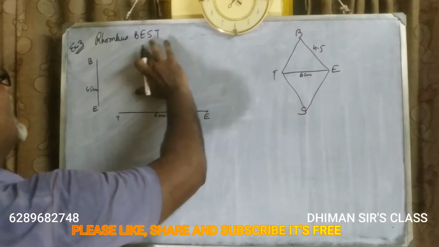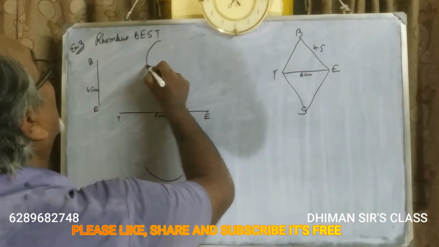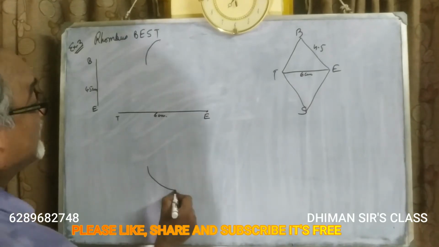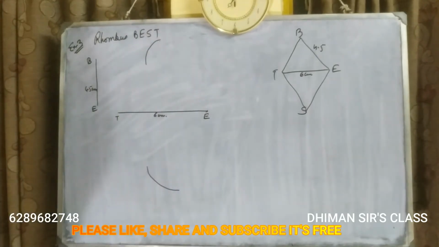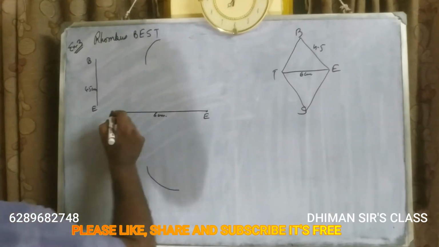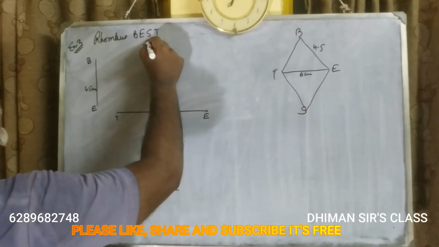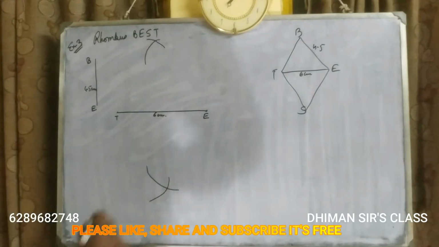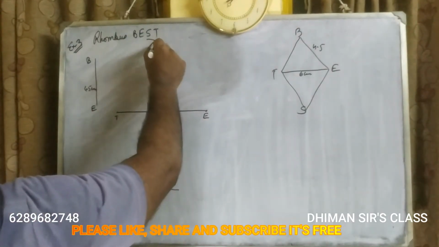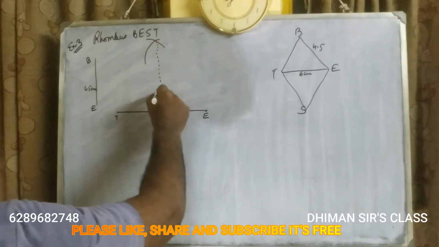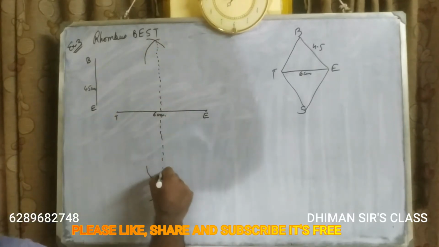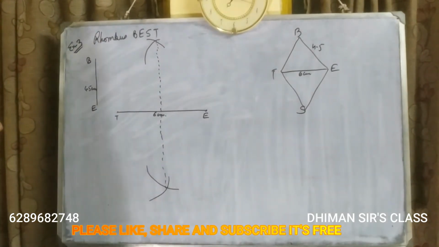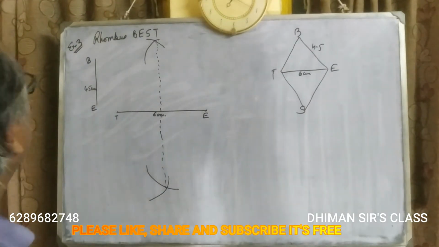Means let the arc be like this and let the arc be like this. Okay? Same measurement, put the needle here. Okay? Now, let this be a dotted line.